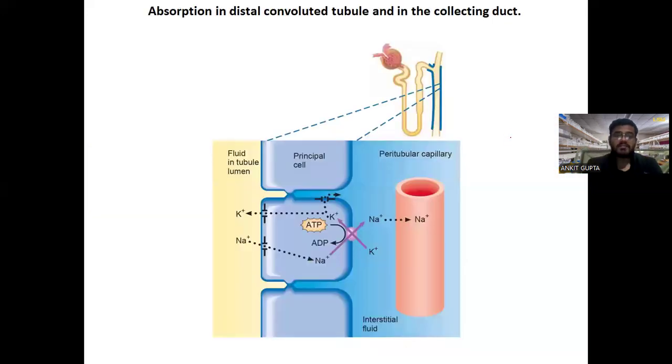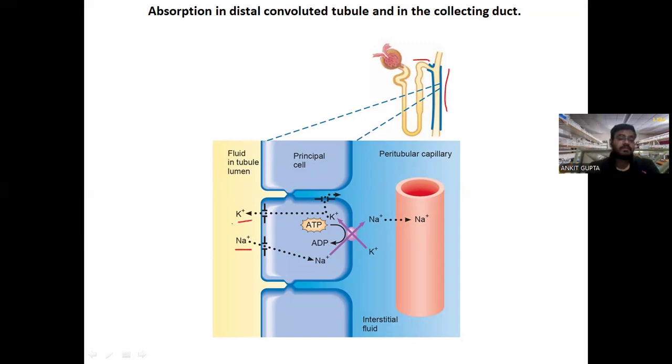Next is absorption in the distal convoluted tubule and collecting duct. This portion after the ascending limb of the loop of Henle is the distal convoluted tubule, and this is the collecting duct. In the distal convoluted tubule, sodium ions are ultimately reabsorbed and potassium ions are excreted back into the tubule lumen.